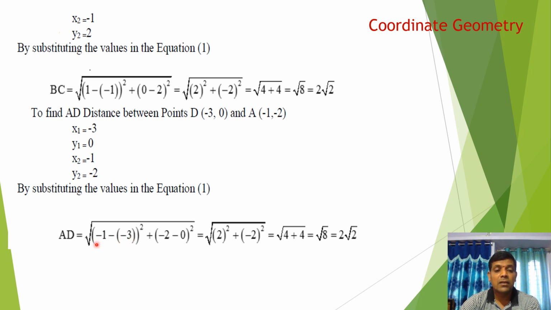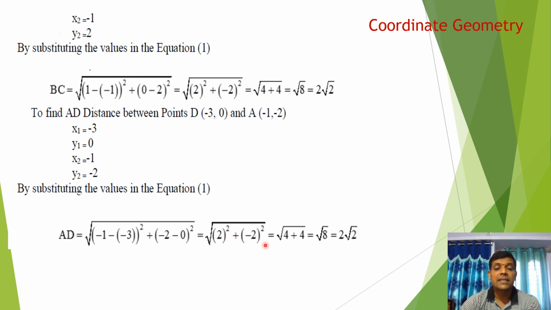So minus 1 minus of minus 3 whole square, written as minus 1 minus into minus, plus 3. So minus 1 plus 3 you get 2 square, plus minus 2 minus 0, we get minus 2 whole square. This is written as square root of 2 square plus minus 2 square. 2 square means 4 and minus 2 square also 4.